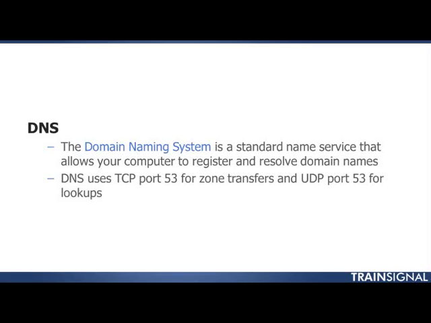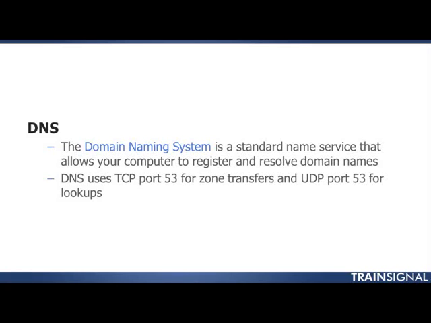Meaning we don't like to think of things in the form of IP addresses, right? You think of trainsignal.com or google.com or microsoft.com. You think of things that way. You don't think of the actual IP addresses that are tied with it.